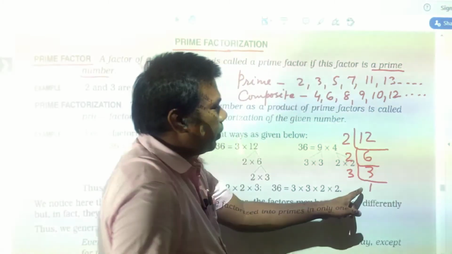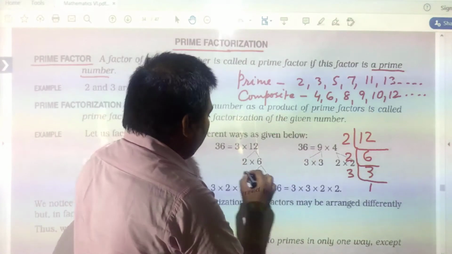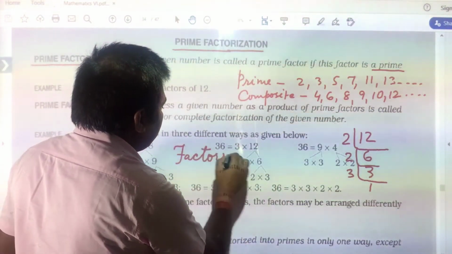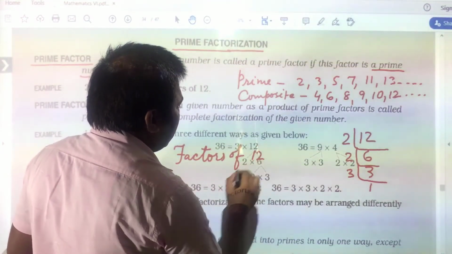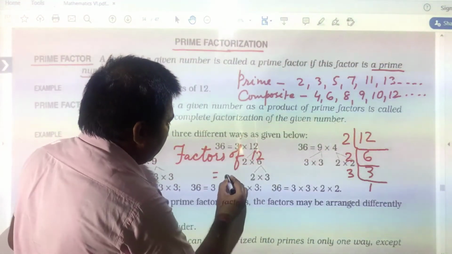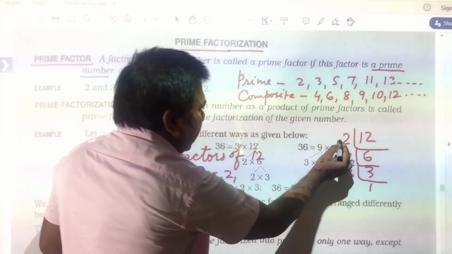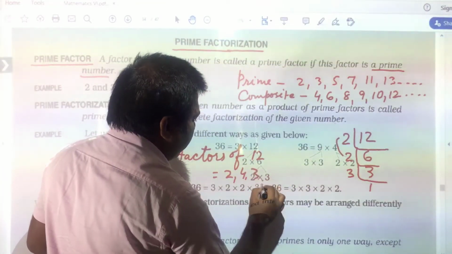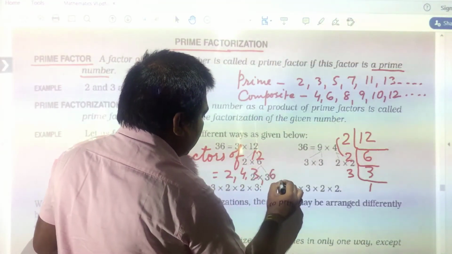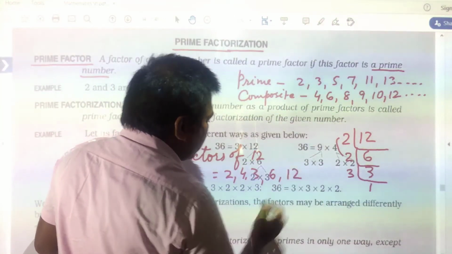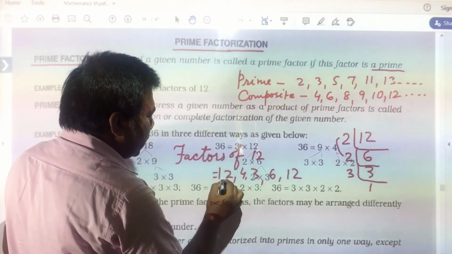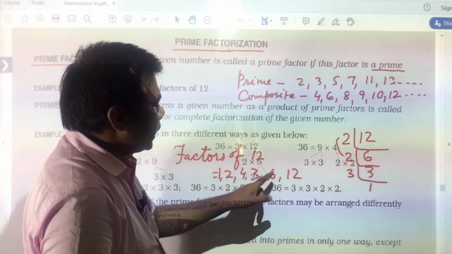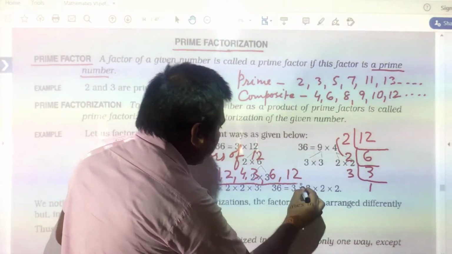Now the factors of 12 will be 2, 4, 3, 6 and 12, and as you know 1 is a factor of every number. So, 1, 2, 4, 3, 6 and 12 are the factors of 12.